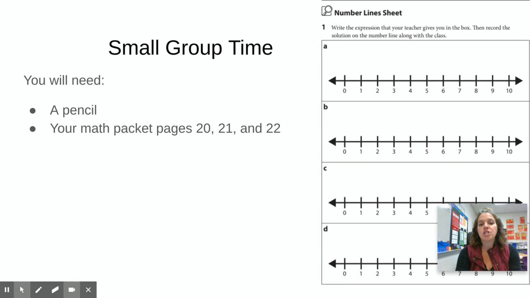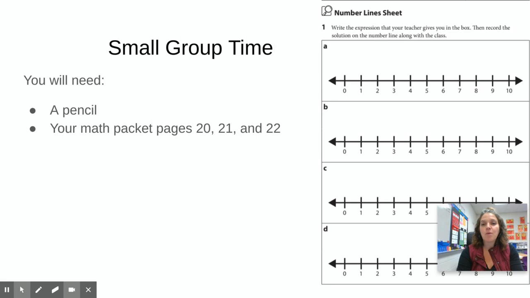You're going to look for pages 20, 21, and 22. Page 20 is going to look like the page that's on the screen right now. It has a number line from 0 to 10. We will use these 3 pages and your pencil during your small group time, and we will practice the skill of adding and subtracting on the number line.